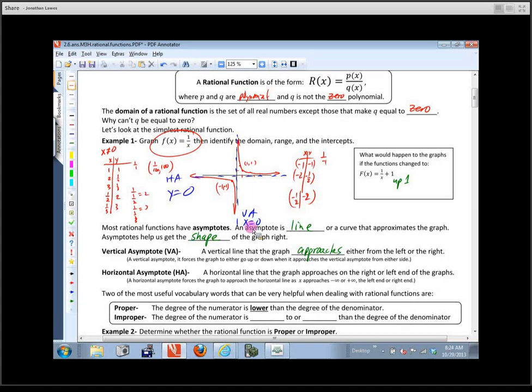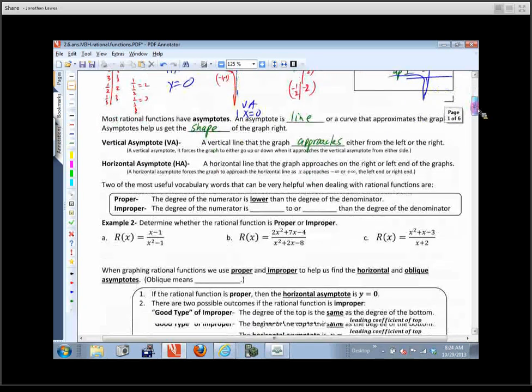We're changing y coordinates. We're bumping everything up in the y direction. So what would happen on this is we'd have the same vertical asymptote. What would the new horizontal asymptote be? If we bumped everything up 1. It would be y equals 1. Okay? And the graph would look something like this. Okay? Any questions there?